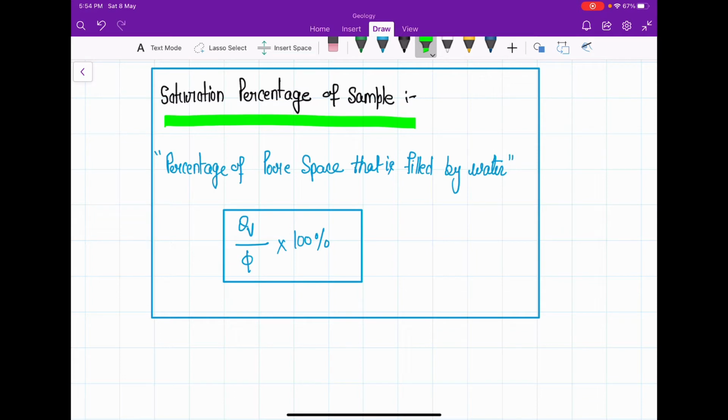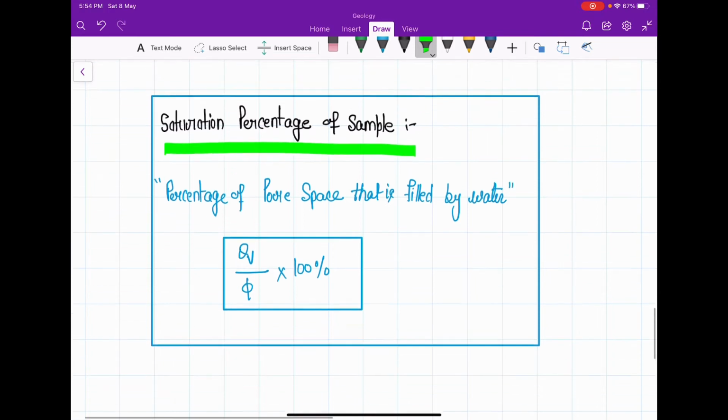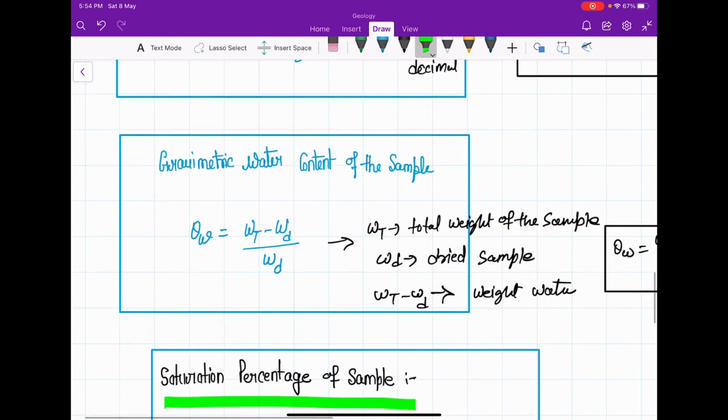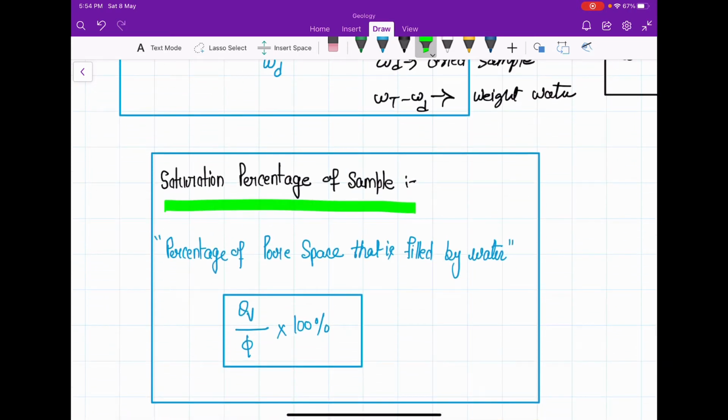The formula is theta v divided by phi into 100 percent, where theta v is the volumetric water content and phi is the porosity. This value will give you the saturation percentage of the sample.